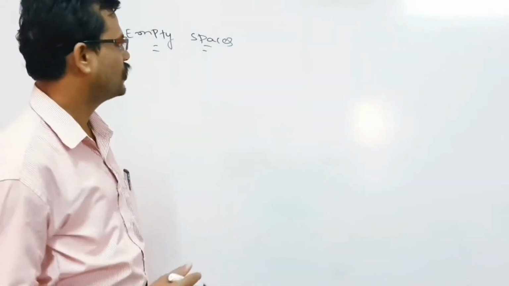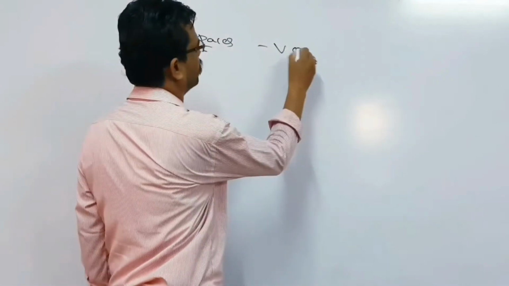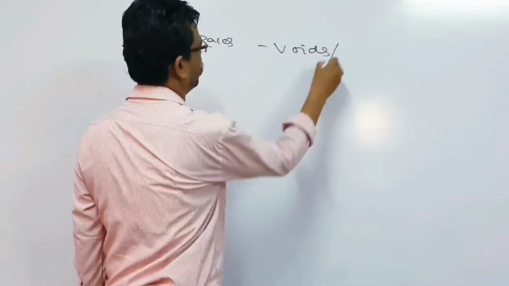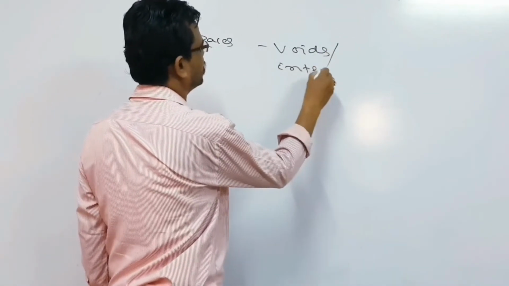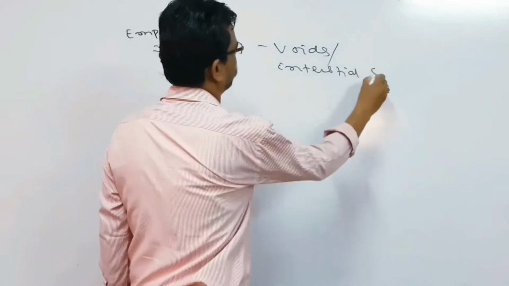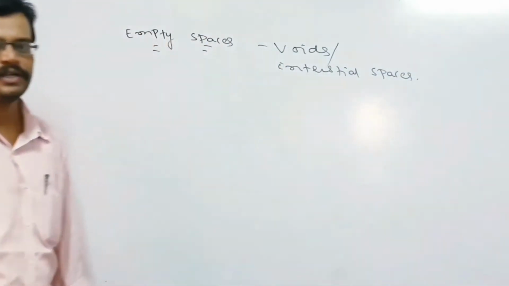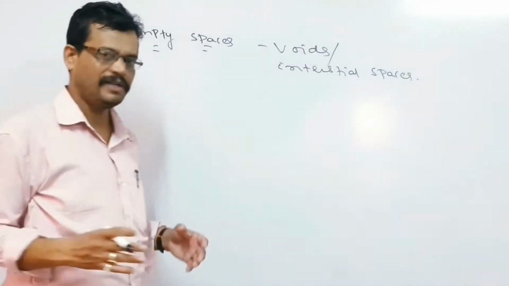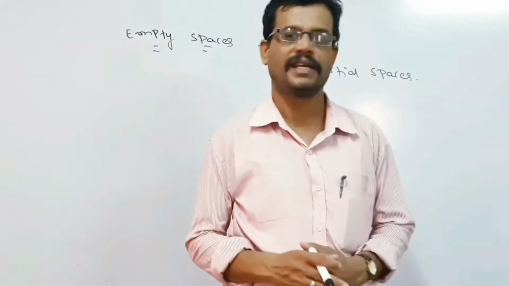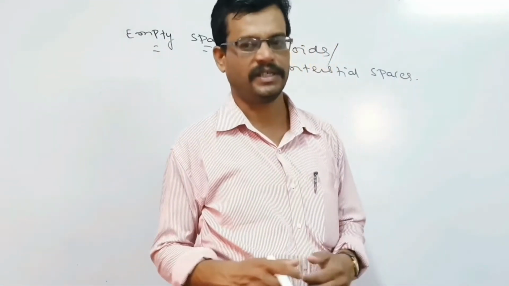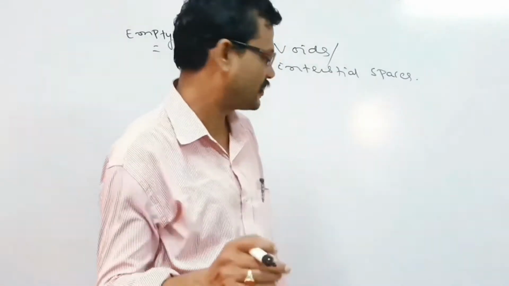They are said to be your voids, or you can say interstitial spaces. So interstitial spaces are the voids or the leftover spaces where the spheres come into contact with each other in the formation of the crystalline solids.